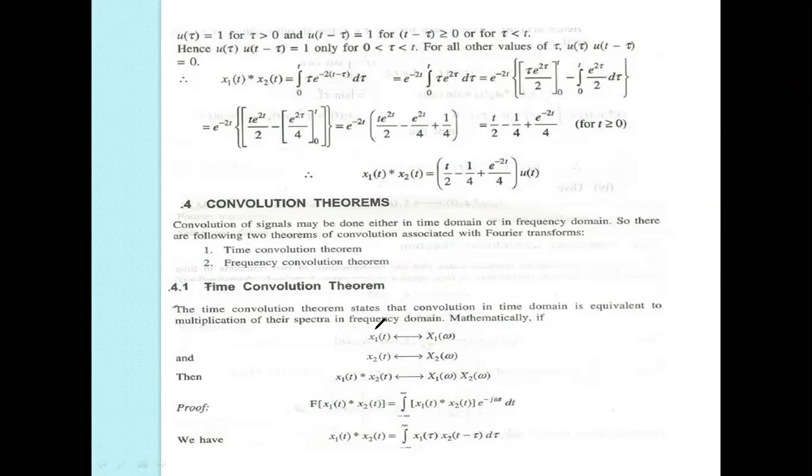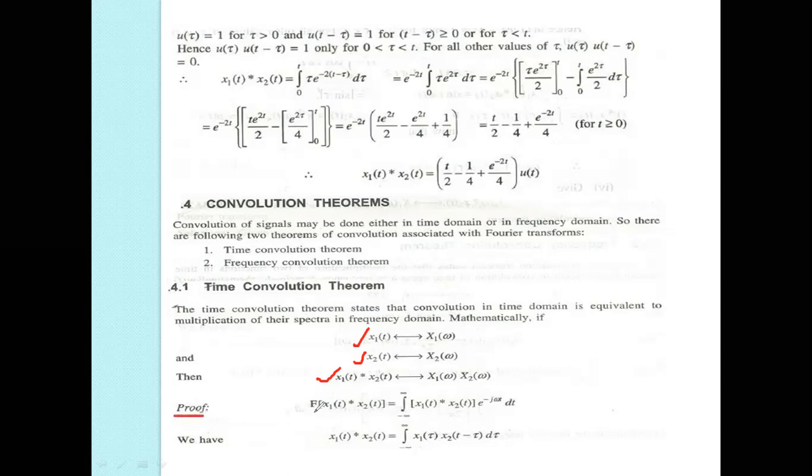We already know this is one of the properties of the Fourier transformation. The statement is: x1 of t has transform x1 of omega, x2 of t has transform x2 of omega. The convolution of x1 and x2 corresponds to x1 of omega times x2 of omega.